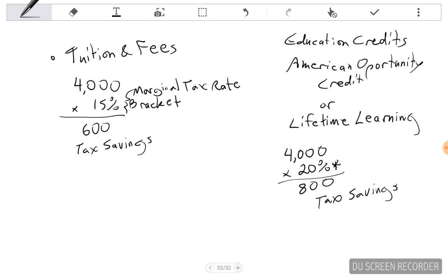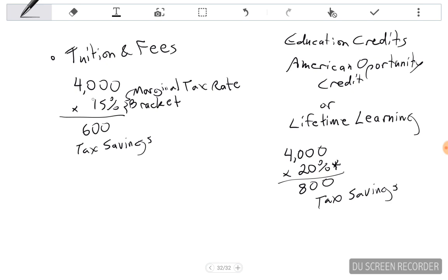It's whatever my income is, so long as I'm not in the phase-out range. Remember, certain credits and benefits can disappear if my income gets too high. But assuming I'm not in the phase-out range, it doesn't matter what my income is. I'm going to get to take 20% of whatever I spend up to a certain amount.